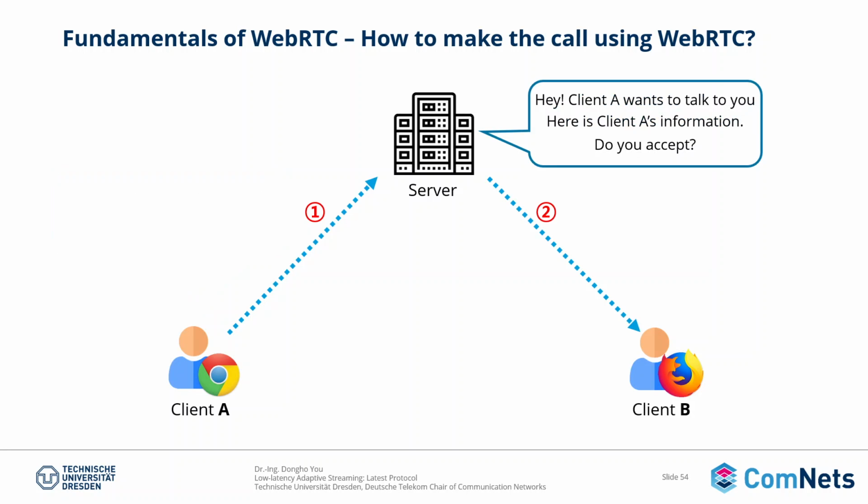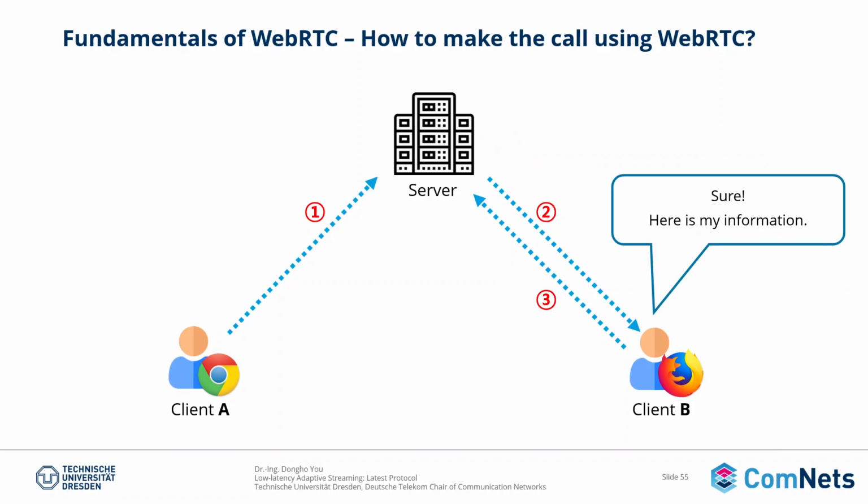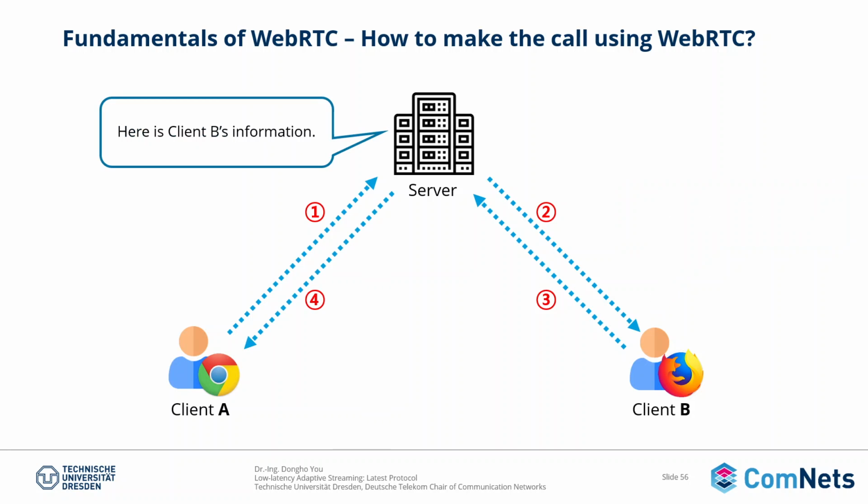After that, the server informs client B, like, hey, client A wants to talk to you. Here is client A's information. Do you accept? And then if client B accepts, client B will give its information to the server. Sure, here's my information. And then the server forwards that information to client A. Here is client B's information.